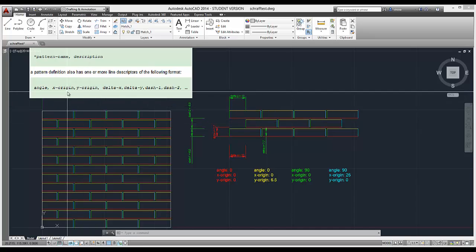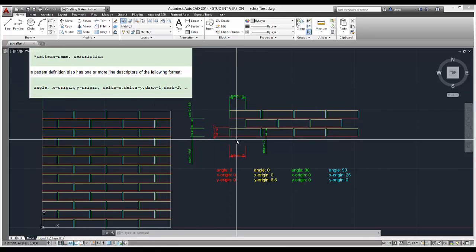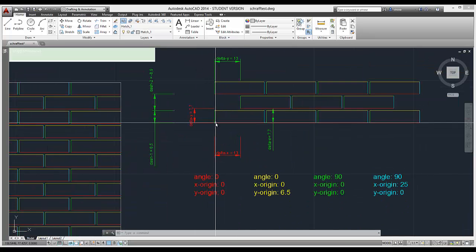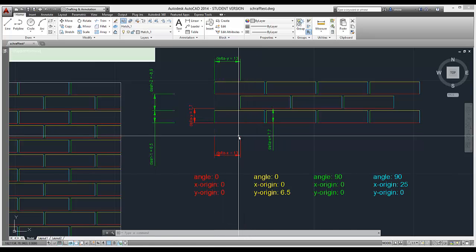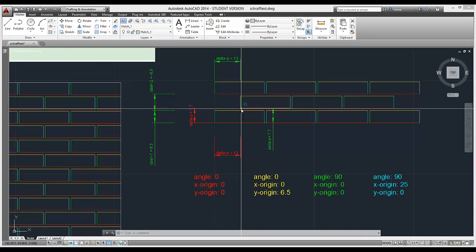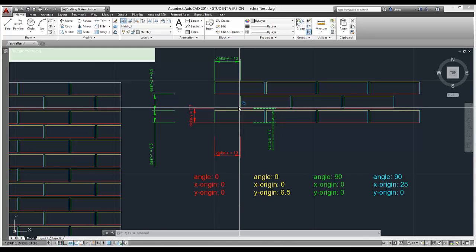Then the second value, the x-origin, is the offset I talked about before. Basically it starts off at a certain point which you define at the origin, and when you enter a delta x value, then it offsets every line by this value.